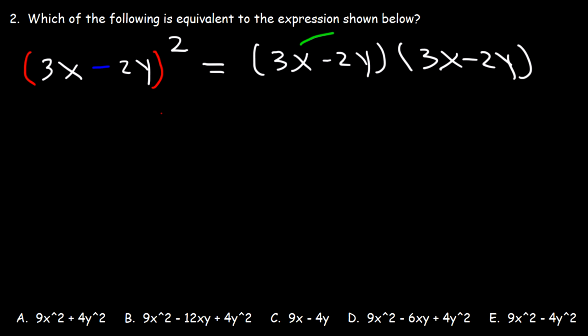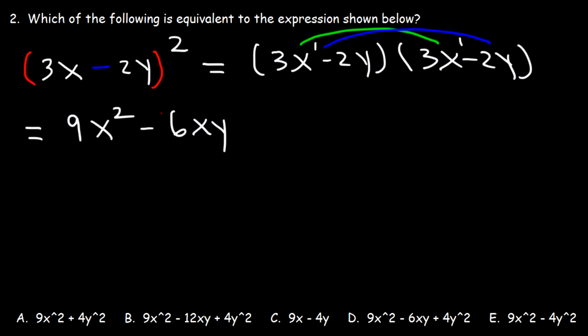We need to multiply the first terms, 3x times 3x, which is 9x squared. You need to add the exponents, 1 plus 1 is 2. Next, we need to multiply 3x times -2y, and that's -6xy. And then we can multiply -2y times 3x, which is also -6xy.